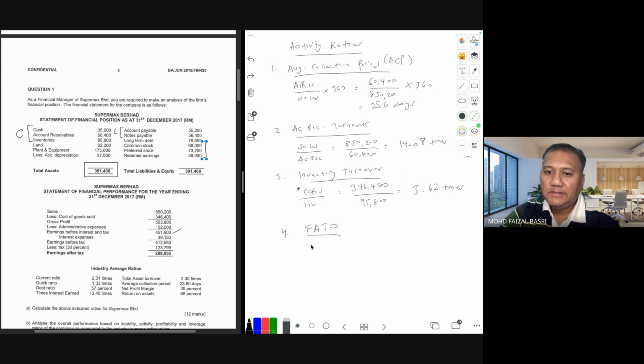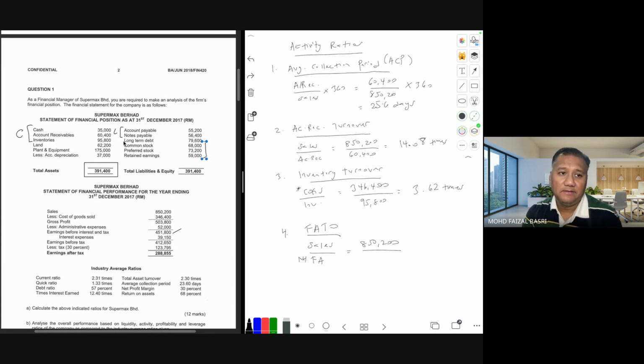Number 4 is fixed asset turnover. So formula dia go back to sales bagi dengan fixed asset. So sales dia is 850,200. Okay, untuk fixed asset dia ada 3 item kat sini. So kita akan ambil net, we use net fixed asset. So land dia 62,200 tapi plant tu kita kena tolak dengan depreciation. So 175,000 tu you minus with depreciation of 37,000 first.